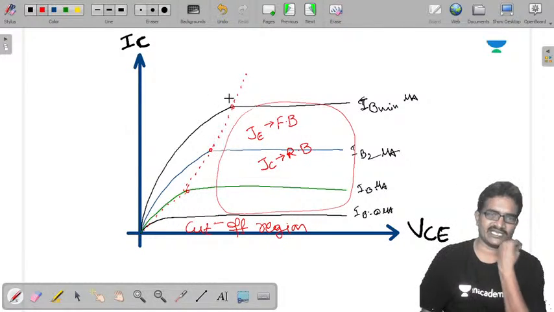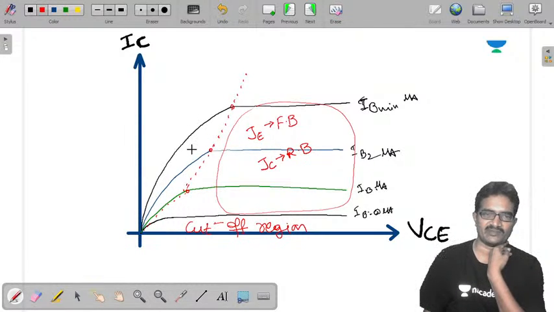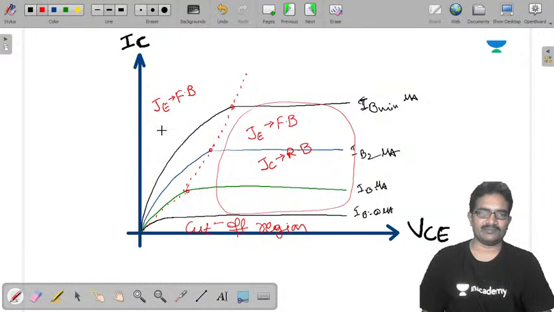In this region, here also base current is not equal to 0, greater than 0. That means your emitter junction is in forward bias. And at the same time we observed the collector junction also forward bias. Because of that only, with respect to output voltage, current is increasing.